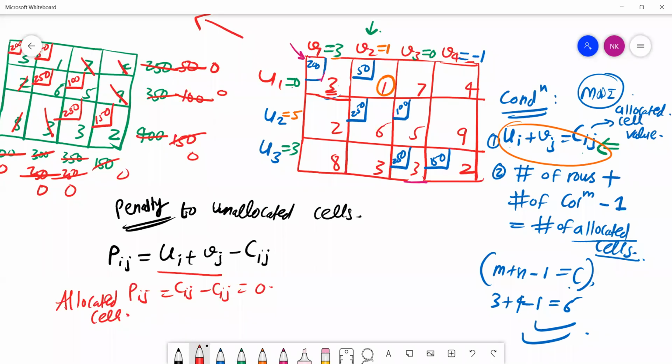If you correlate the same concept with the Big M method, since it was an unbounded region, we were not able to find the values. So we included the artificial variables. These artificial variables were penalized in the objective function. The same thing we are doing here.